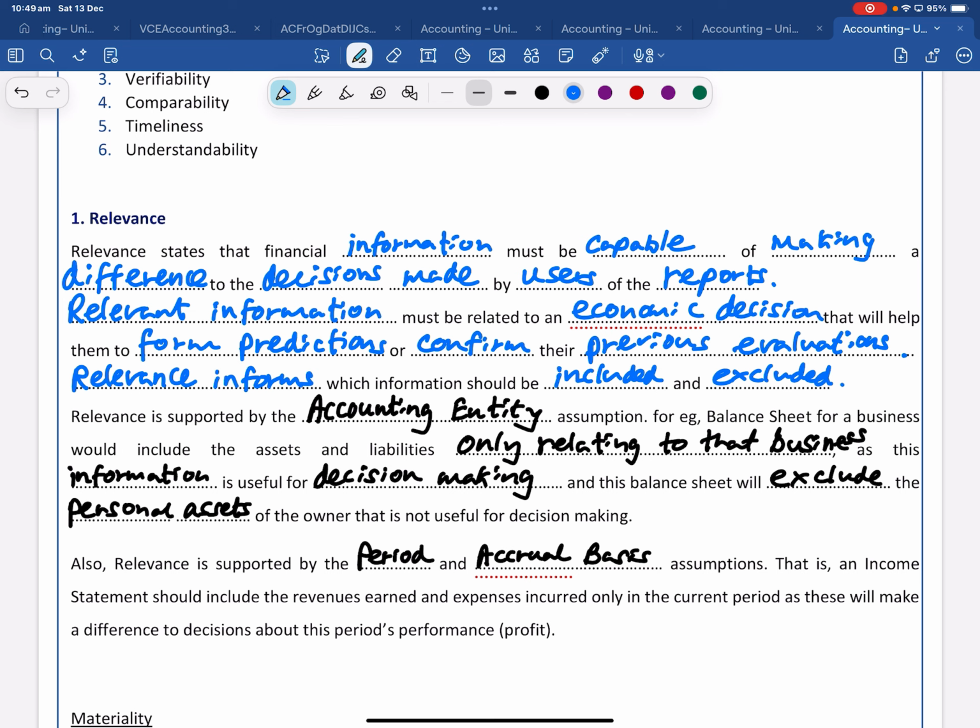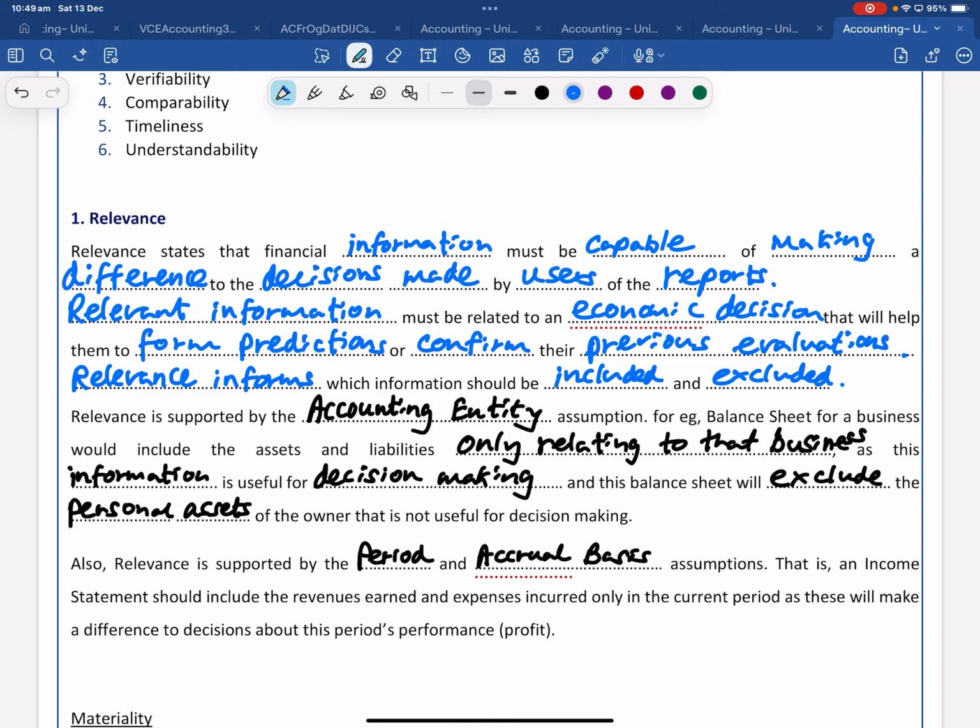Otherwise he can confirm the previous evaluation. So basically the information should be relevant for decision making, technically, right?